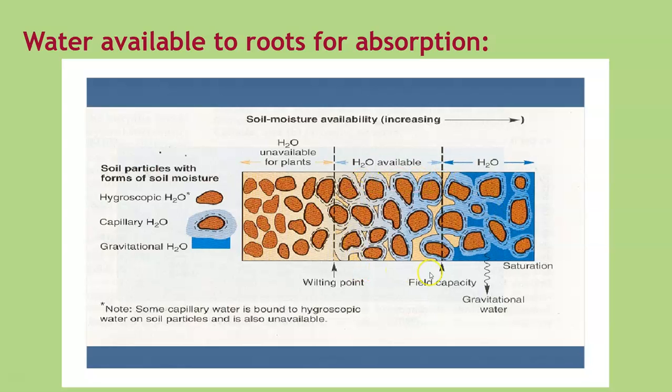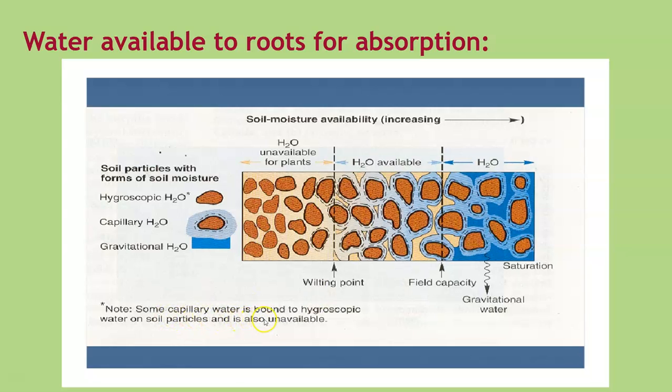We only have this water which is called capillary water. So this is the water which is accumulated between the pores of the soil, and the roots can access this region of the soil, and this water is therefore called the available water for absorption.